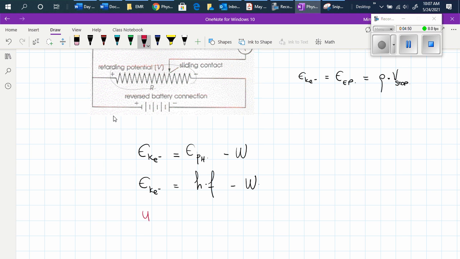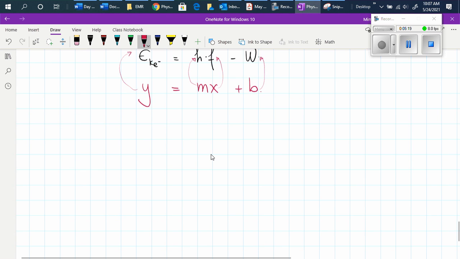So this is the same as saying y equals mx plus b, where m is Planck's constant, x is the frequency, b is the y-intercept, which has a negative value, and y is the kinetic energy of the electron.